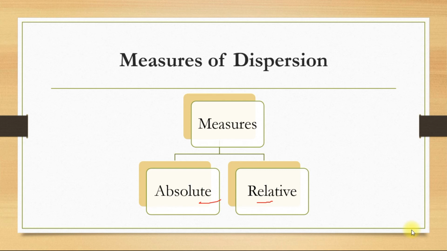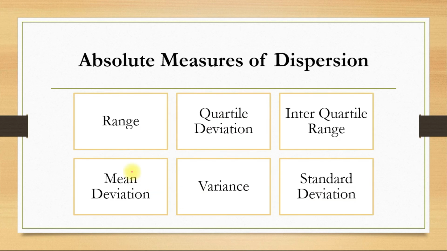Absolute measures express the dispersion in terms of distance between some data points. Such kinds of absolute measures are also known as distance measures, like range and interquartile range. So here range, quartile deviation and interquartile deviation are distance measures.